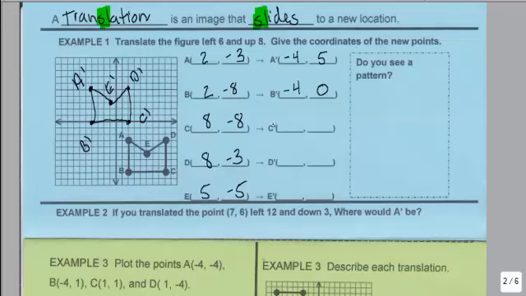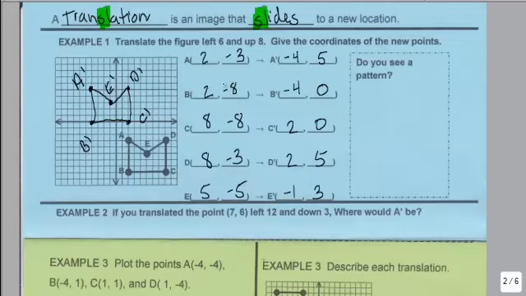C prime is at 2 and 0. And D prime is at 2 and 5. And E prime is at -1, 3.